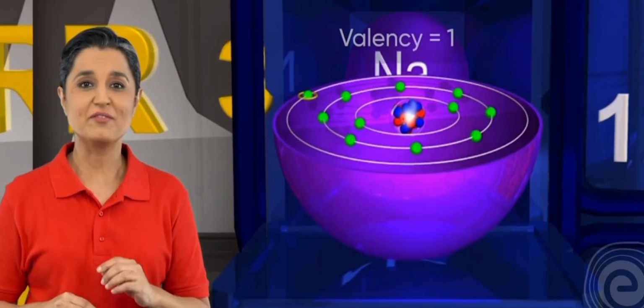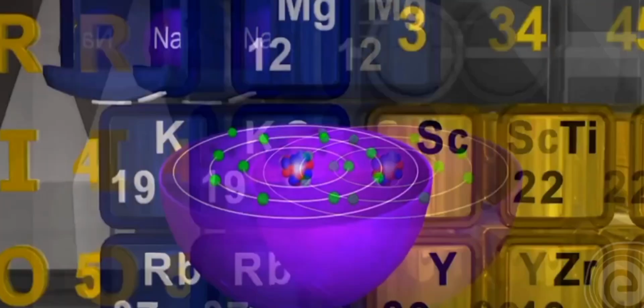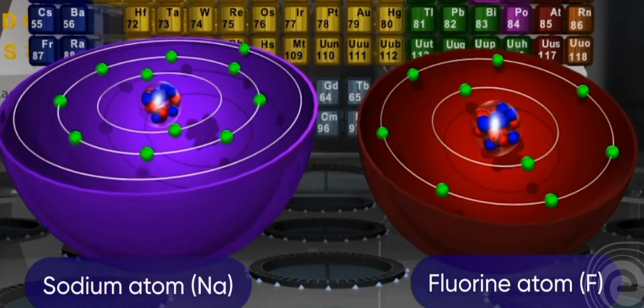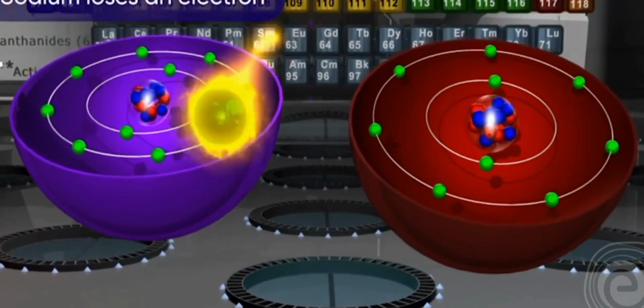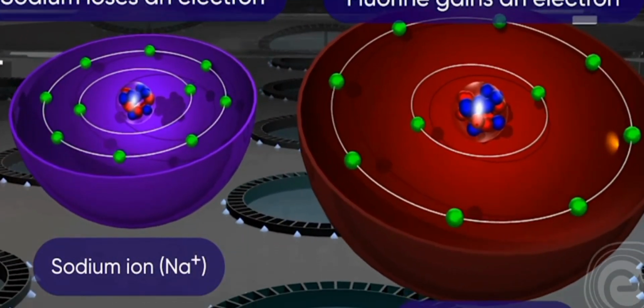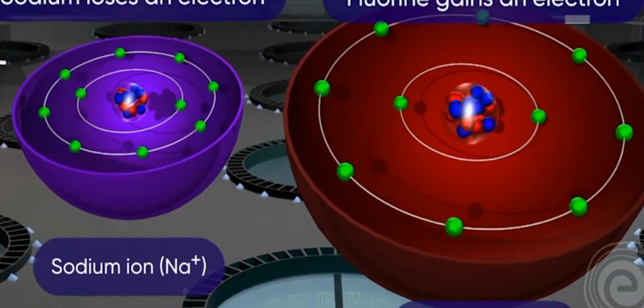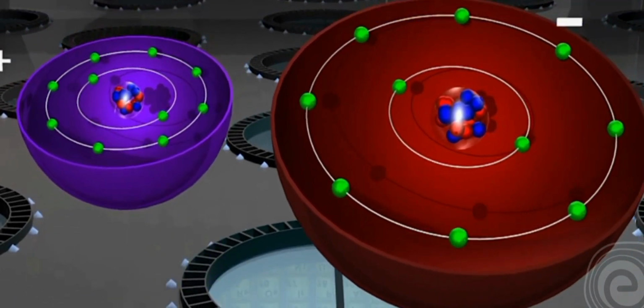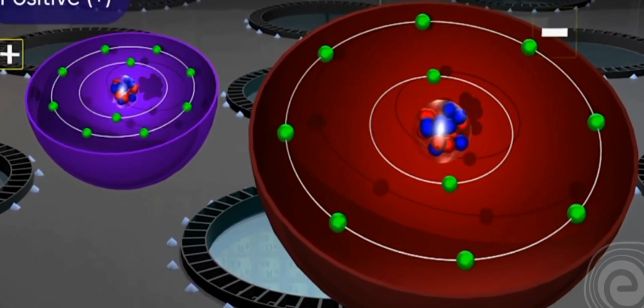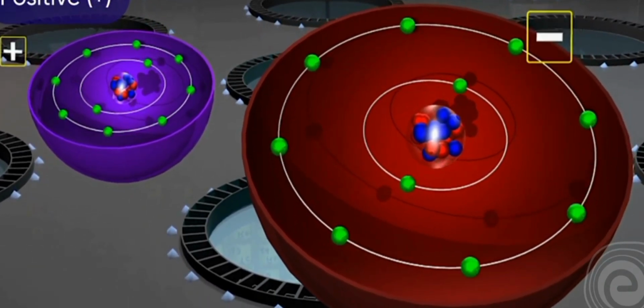Sodium thus shows a valency of 1. It should be noted that the valency of both sodium and fluorine is 1. But sodium loses an electron while fluorine gains an electron in order to complete their octets. Hence, the valency of sodium is considered to be positive, whereas that of fluorine is negative.